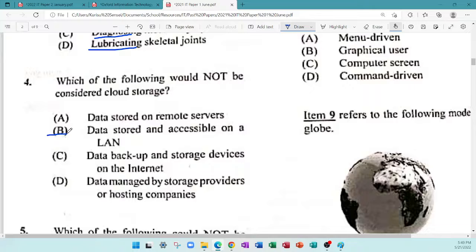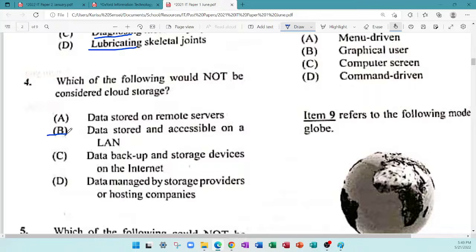But technically, cloud storage is basically storing on a computer, any device that is not physically near you. It could be somebody in another town.